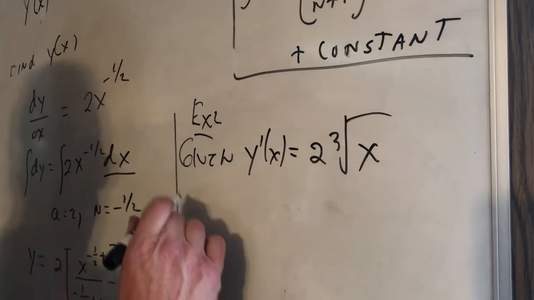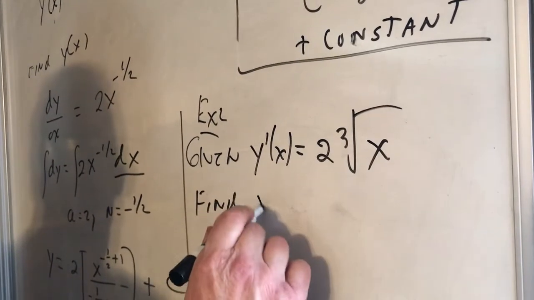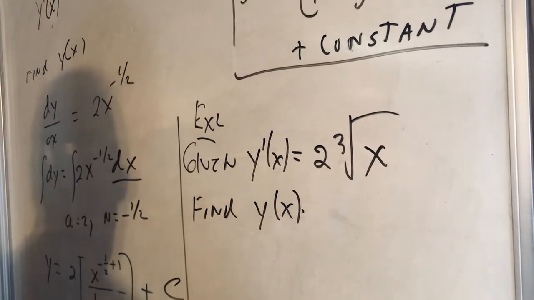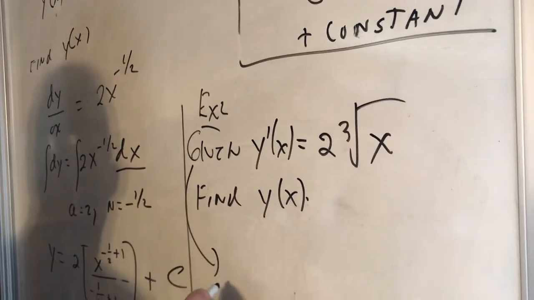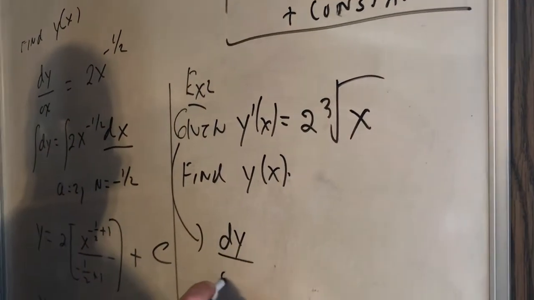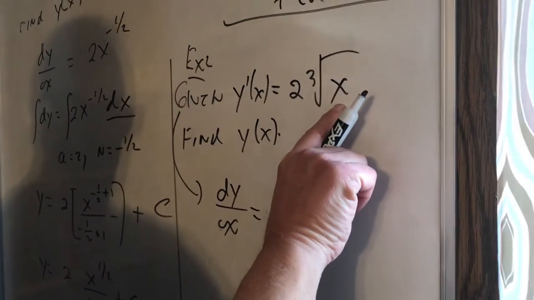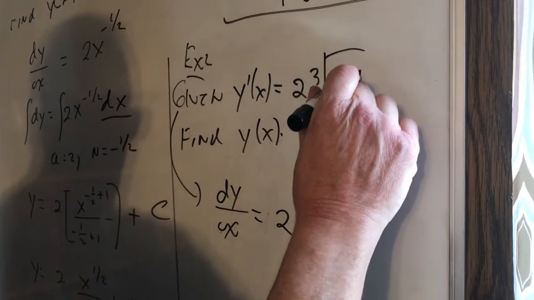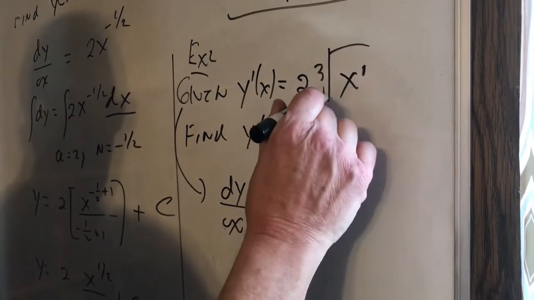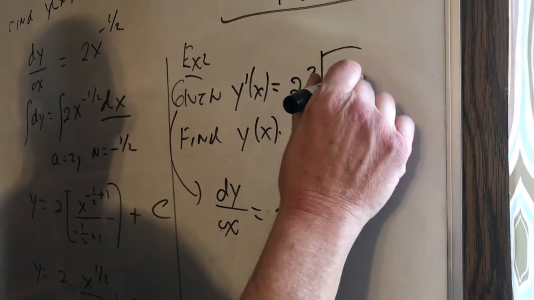I want to find y of x, the function. So let me rewrite this one as dy dx equals 2, and I'm going to write this as a power. I mean, that's a 1 here. Remember, you can write this as x, this over that.